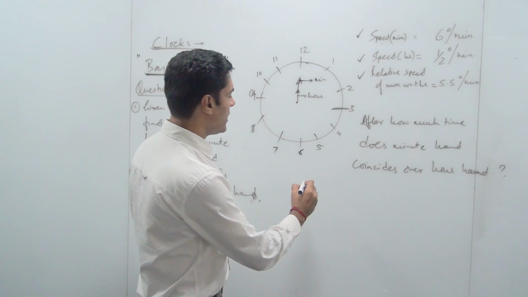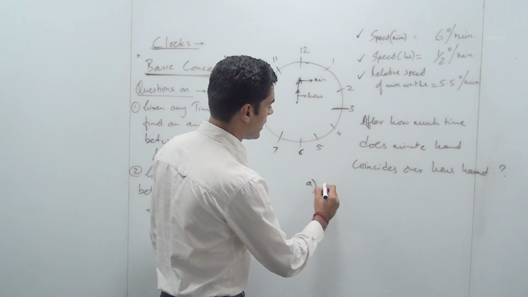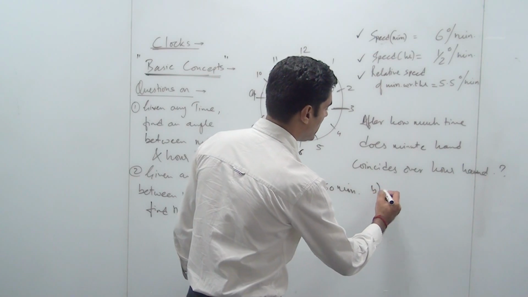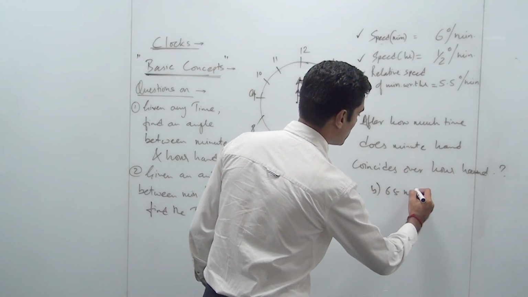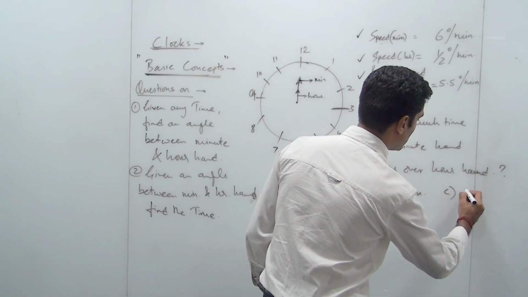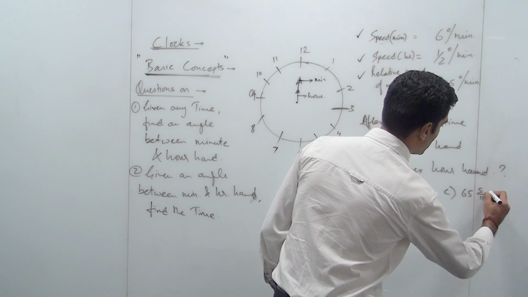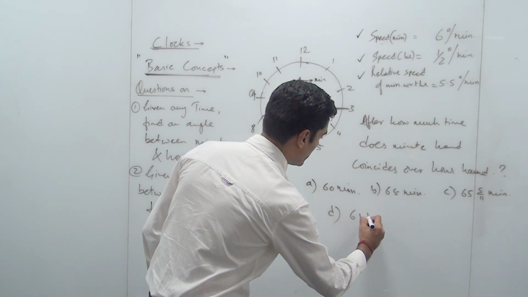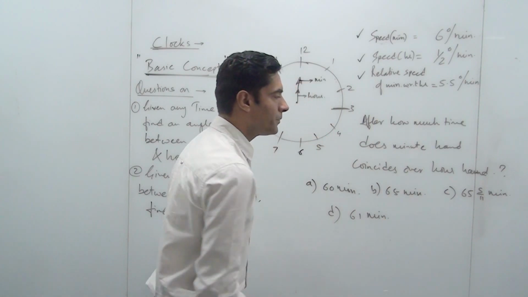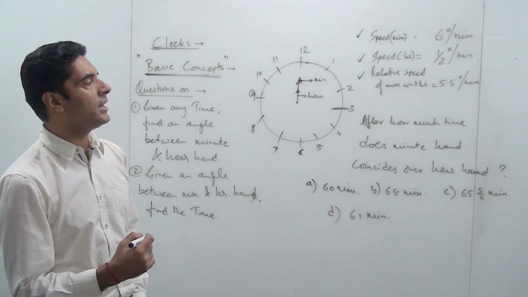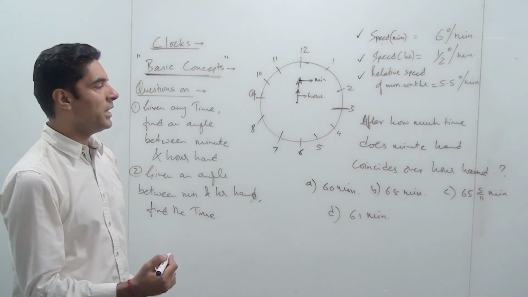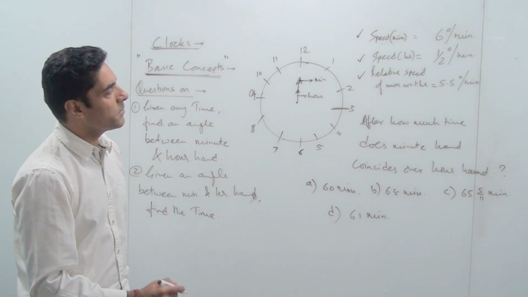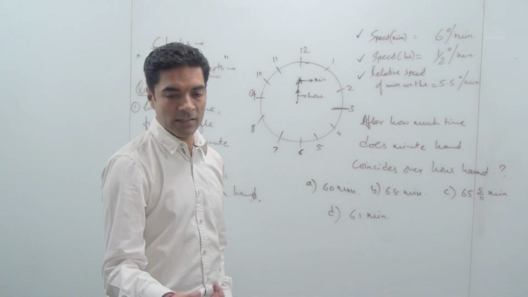So you may be given any vague options like A after 1 hour, which is 60 minutes, or let's say B 65 minutes, or C 65 5 by 11 minutes, or D let's say 61 minutes. So in case you're not very clear about the concepts, probably you will end up getting either 60, 65 or whatever.